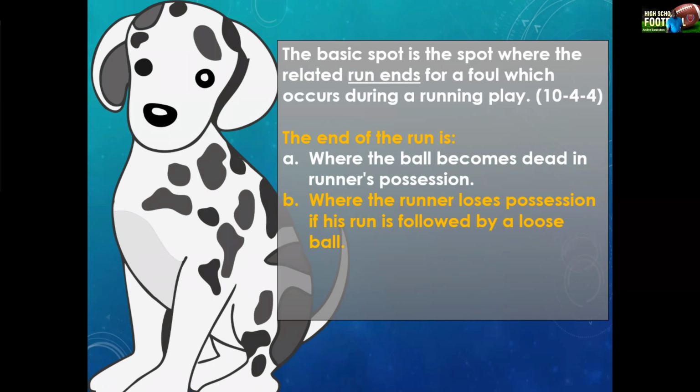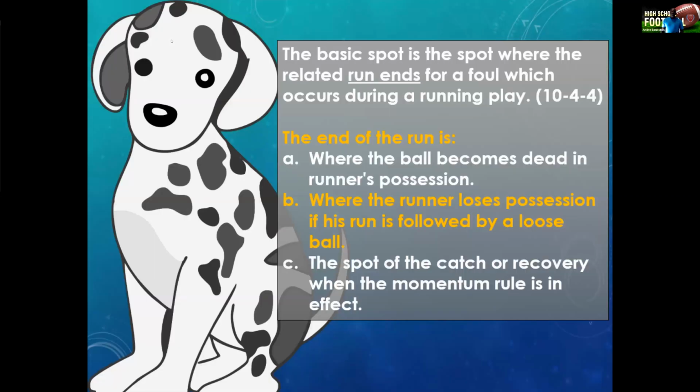We mark the beanbag as a reference point of that's the basic spot. So if there's a foul that happens while the ball is loose, we go back to the basic spot for enforcement, right? And the beanbag doesn't know where it's at.